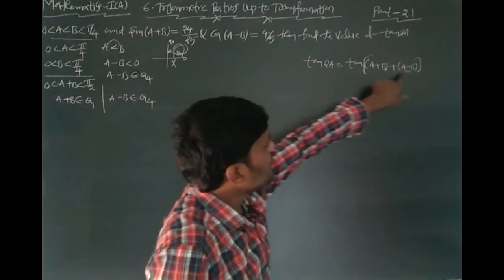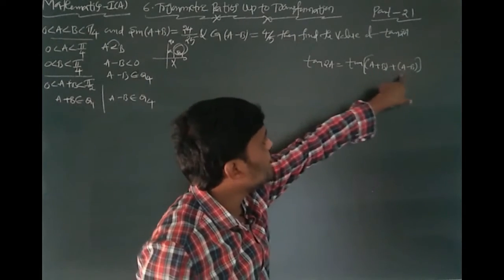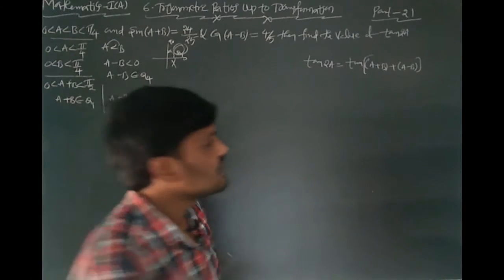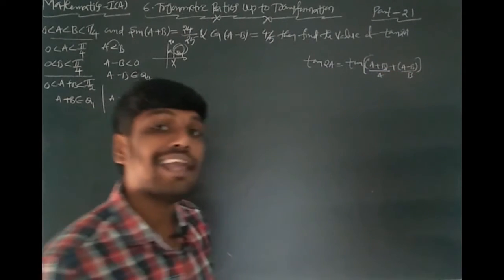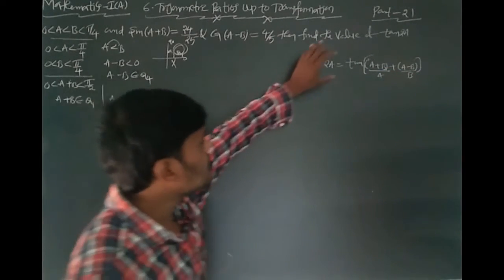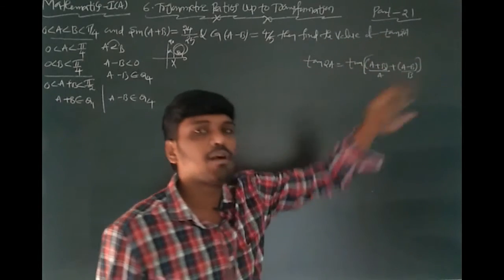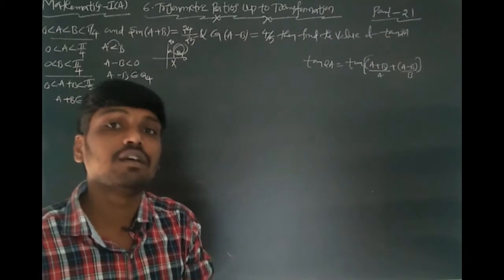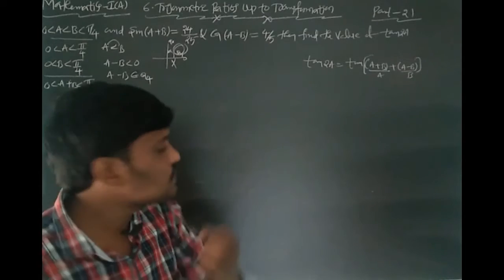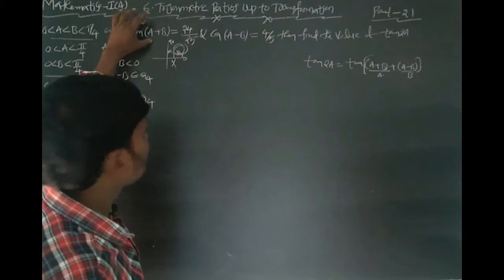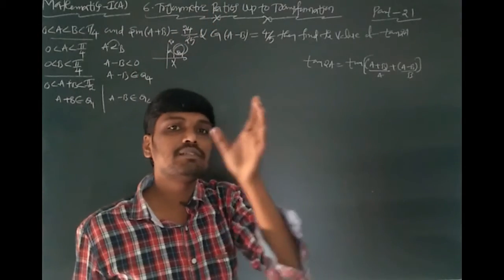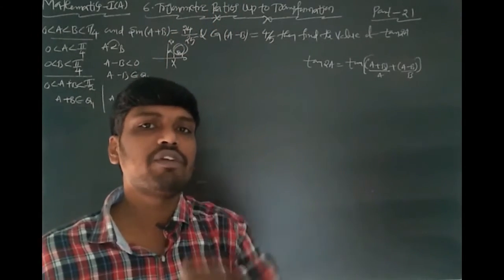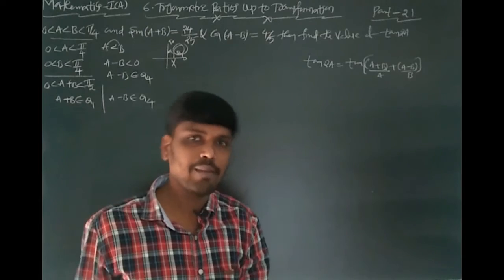The b minus b gets cancelled, and a plus a is 2a. Because the question has angles in terms of a plus b and a minus b, 2a can also be written in the form of a plus b and a minus b.